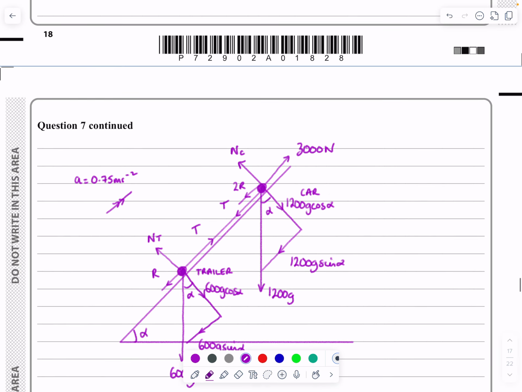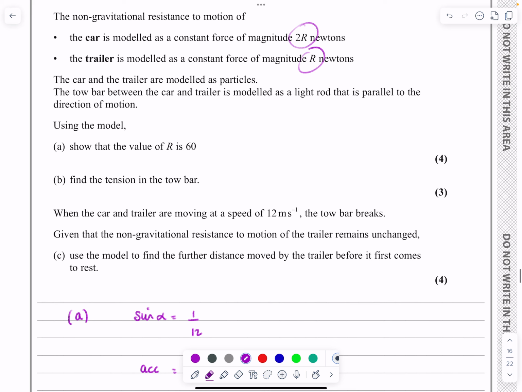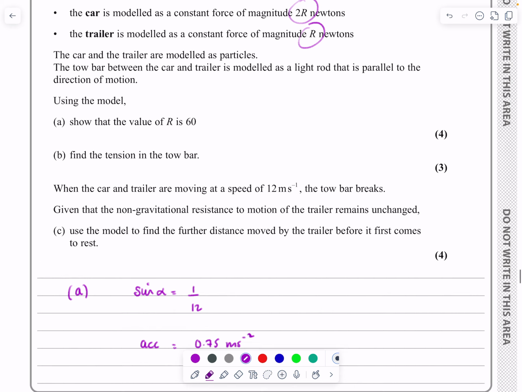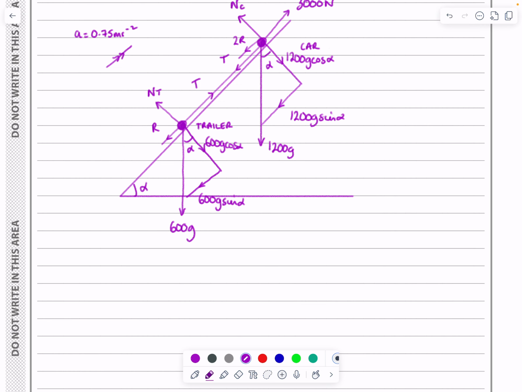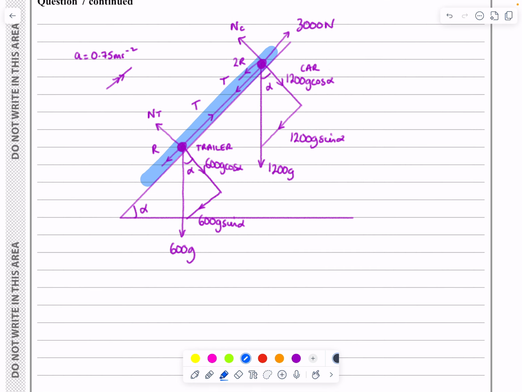It's asking me in the question to show the value of R is equal to 60. To show that, I'm just going to resolve in that direction, F equals ma. What I'll have is the 3,000, the 2R, the R there, the 600 G, and the 1,200 G. I don't need to worry about the two tensions because they just cancel each other out.